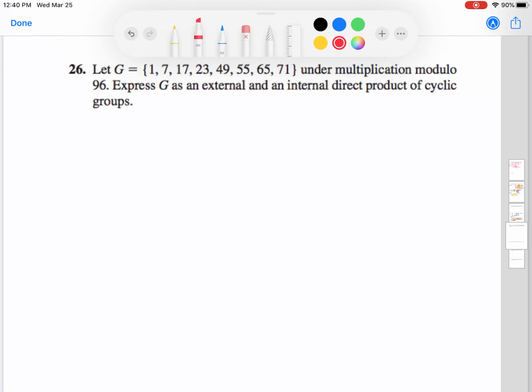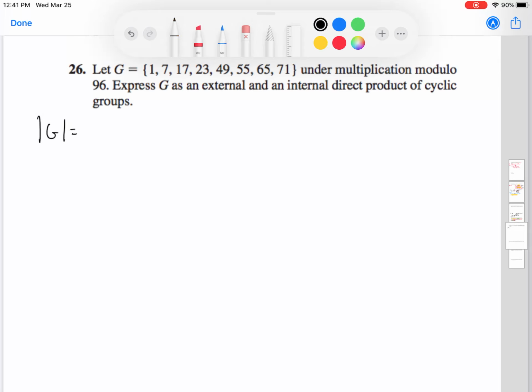Number 26. Let G be this group under multiplication mod 96. Express G as an external and an internal direct product of cyclic groups. So first off, what's the order of our group? It's always a nice spot to start.